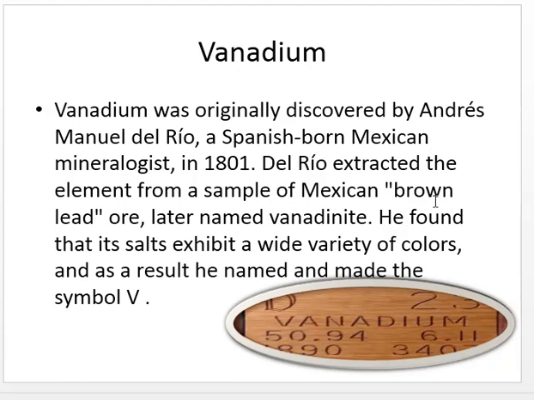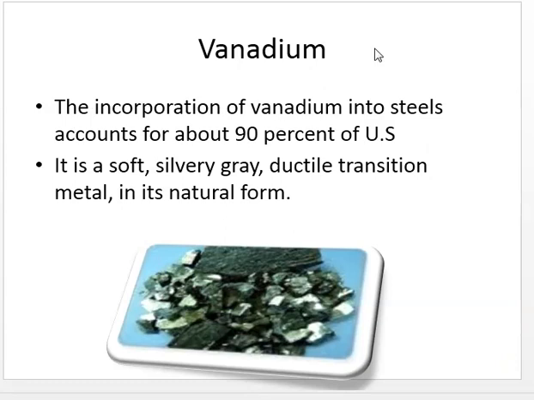Del Rio extracted the element from a sample of Mexican brown lead ore, later named vanadinite, and he found that its salts exhibit a wide variety of colors, and as a result he named it and made the symbol V. The incorporation of vanadium into steels accounts for about 90% of its use.